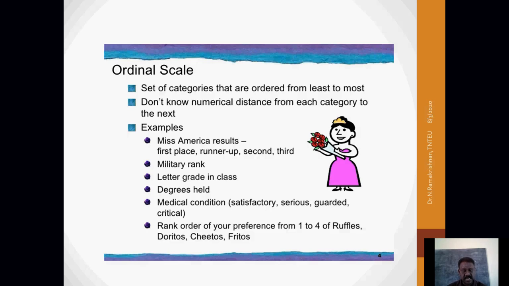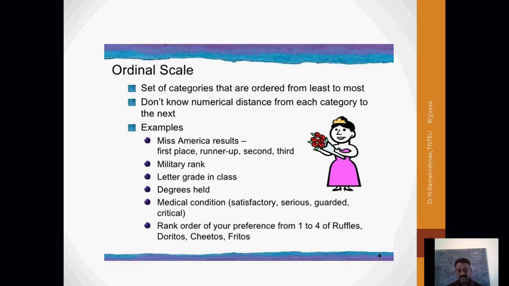They will have earmarked some places in the hospital itself. The critical patients will be in the ICU, other patients will be in the next portion, and those who are going to be discharged today or tomorrow will be in the other lobby. So in that way they will be classifying the patients, and that is also ordinal scale.